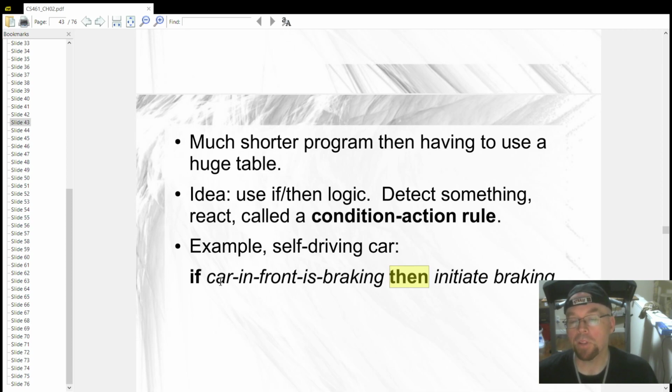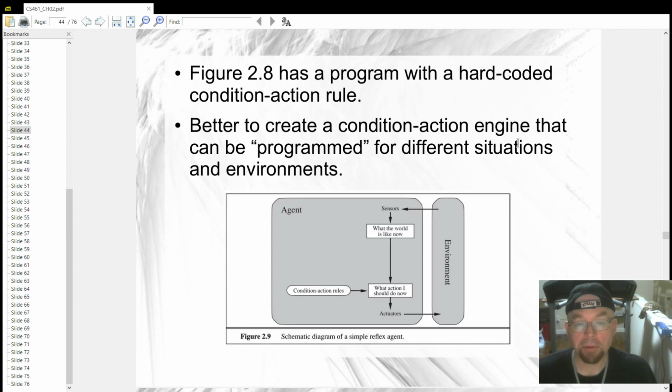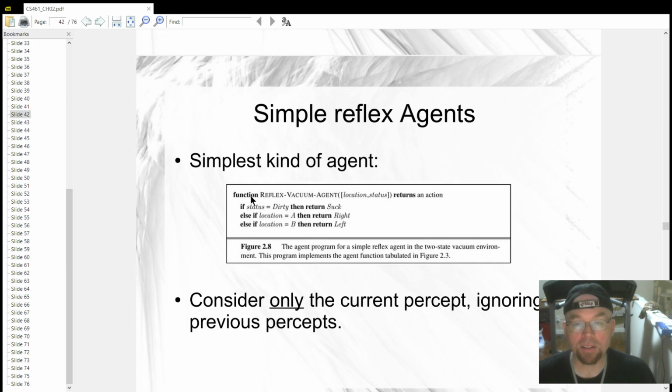Here is your condition, and here's the action that should be taken. If the car in front is braking, then initiate braking. So in figure 2.8, we had pseudocode that hard-coded all of that in, and for a simple reflex agent, great.